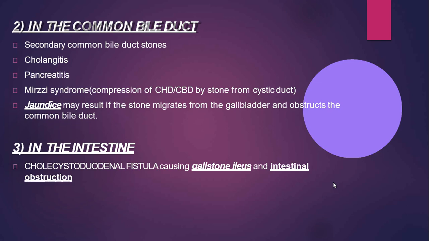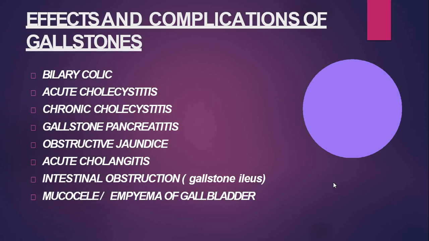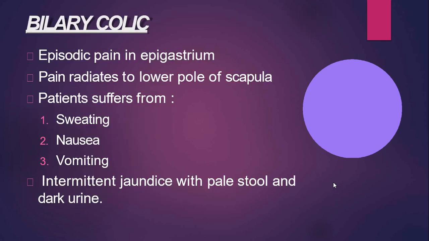It is by the formation of the fistula. So the patient presents with biliary colic, acute cholecystitis, chronic cholecystitis, gallstone pancreatitis, a very lethal complication, obstructive jaundice, again a lethal complication, acute cholangitis, gallstone ileus, mucocele or empyema of the gallbladder.